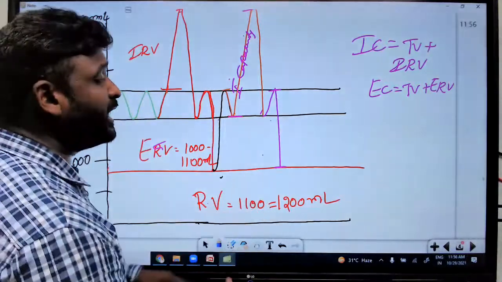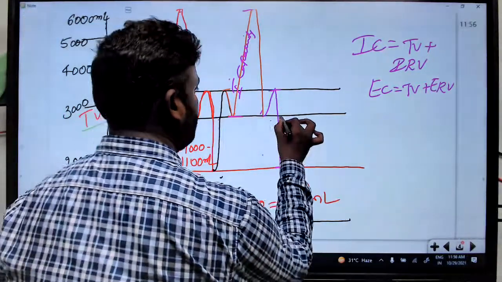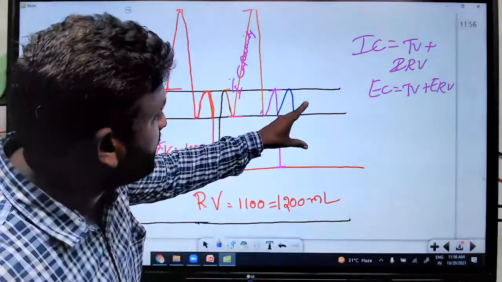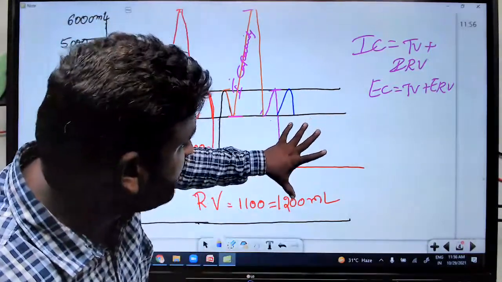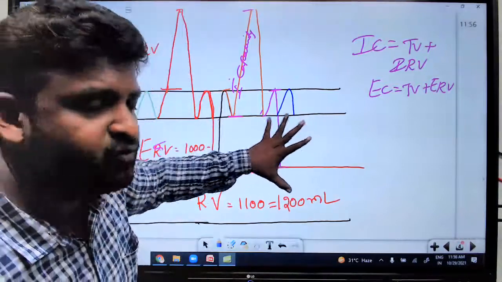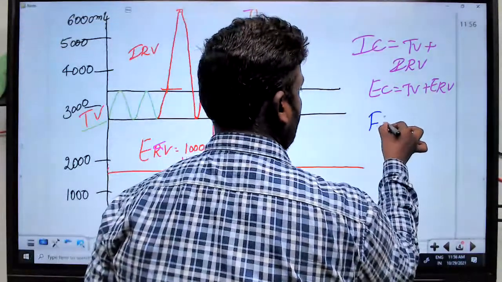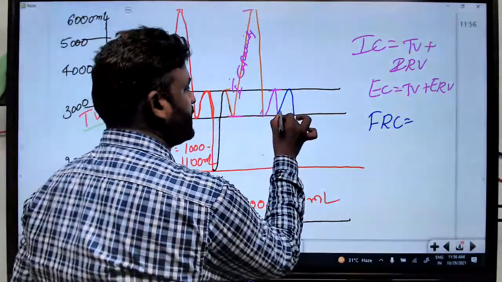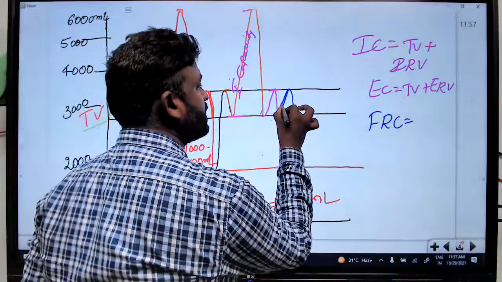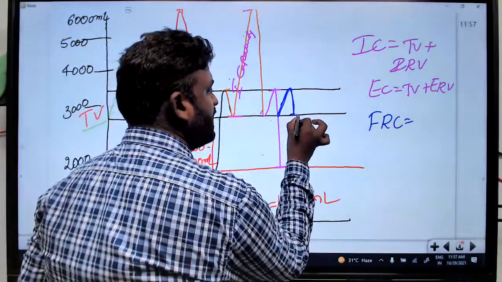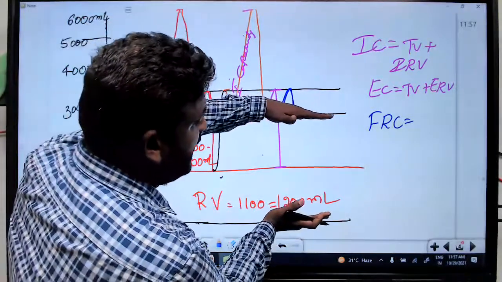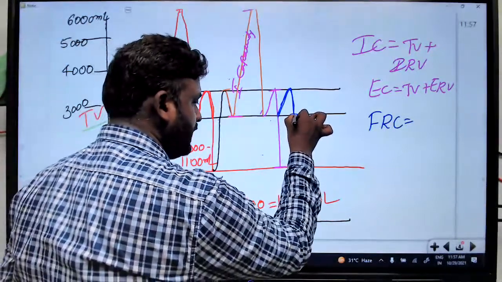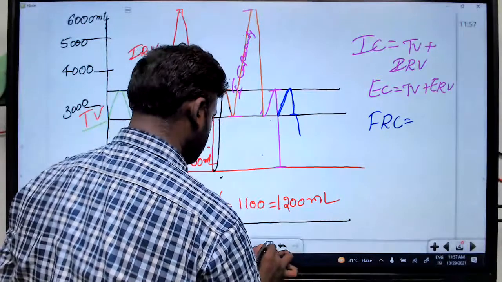But after normal expiration, the volume of air remaining in the lungs is called FRC. Here you can see that, from here to here.